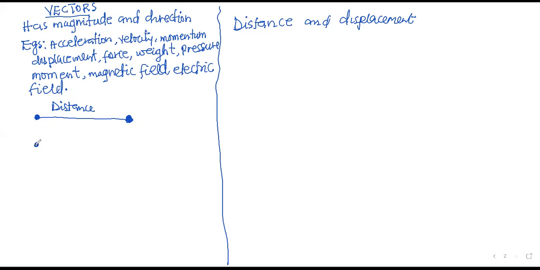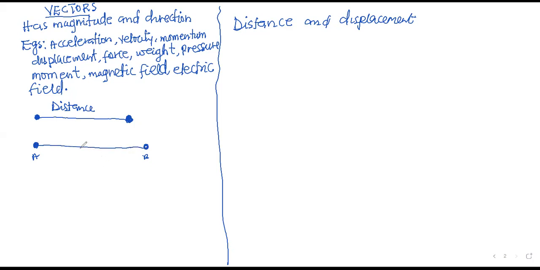Move from reference point A and get to point B. The change in position with respect to where you started is the displacement. Here we are interested in the direction of the body with respect to where the motion started.